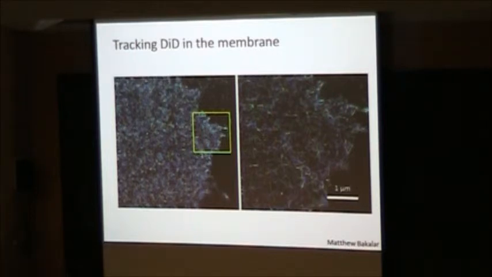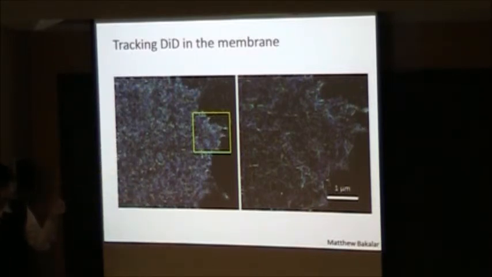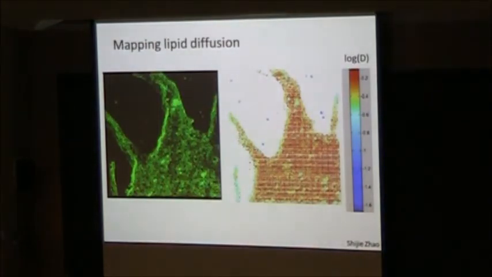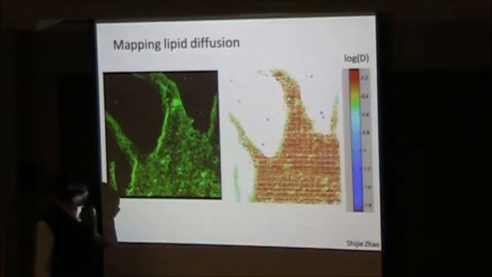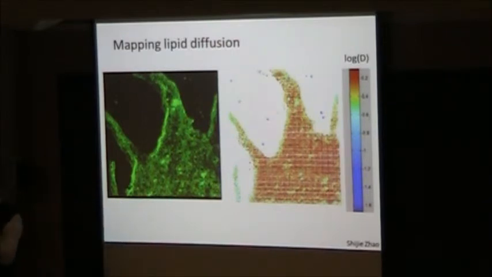So we have shorter tracks, but we have an enormously high density of all these tracks that covers the entire plasma membrane. So these are the tracks. We can even build a high-resolution diffusion coefficient map of the lipid in the plasma membrane. And hopefully, using this way, we can start to resolve some of the lipid microdomains and see how that's correlating with protein structures.